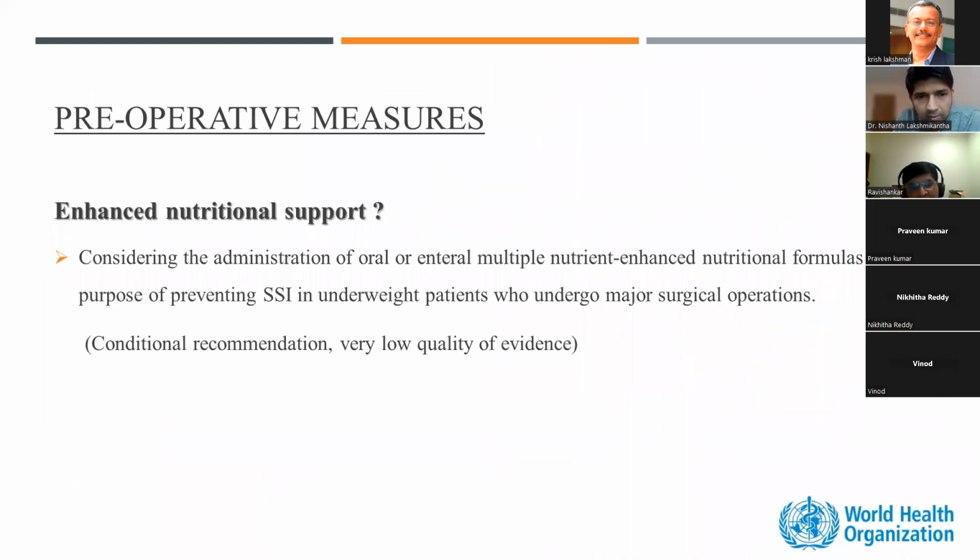In patients who are underweight and undergoing major surgical operations, there should be consideration for administration of oral or enteral multiple nutrient enhanced nutritional formulas. Why is this, Praveen? Your answer was in your second or third slide.